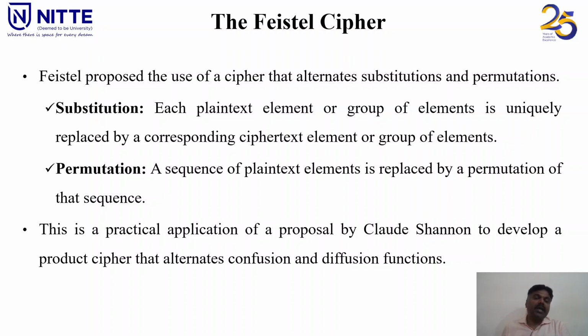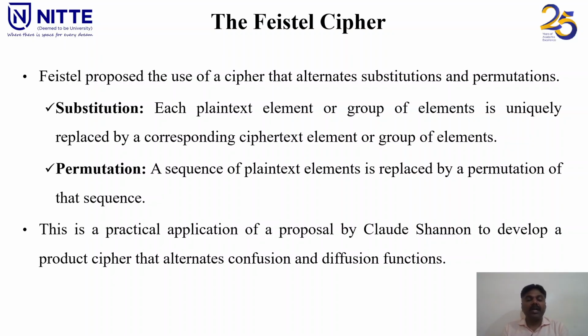Now we need to understand what the Feistel cipher is. Feistel proposed the use of a cipher that alternates substitution and permutation. In symmetric encryption algorithms, we basically use the substitution method and the permutation method. In substitution, each plaintext element or group of elements is uniquely replaced by a corresponding ciphertext element or group of elements.